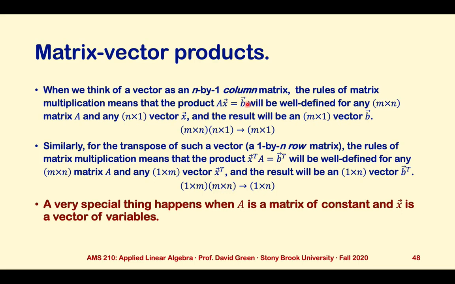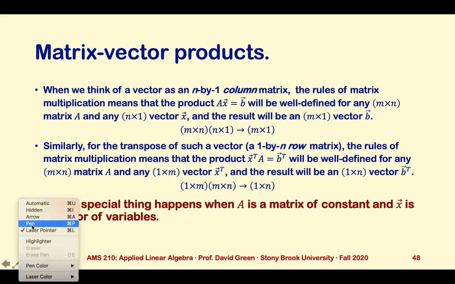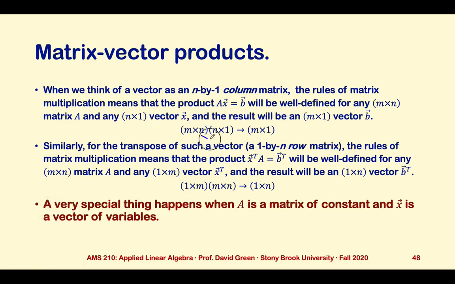The answer, because we start with an m by n matrix, and the inner dimensions have to match and then disappear from the product, is an m by 1 matrix, or another column vector.